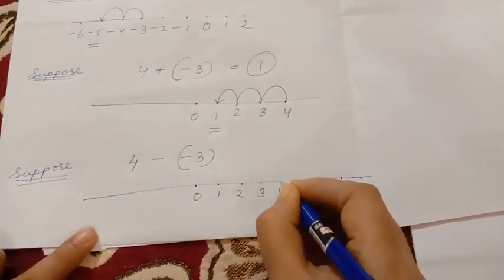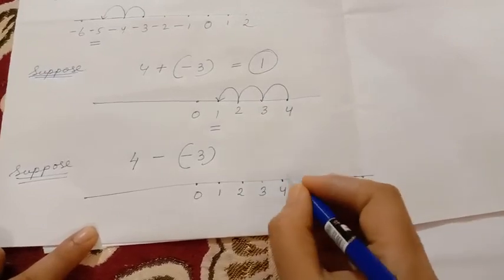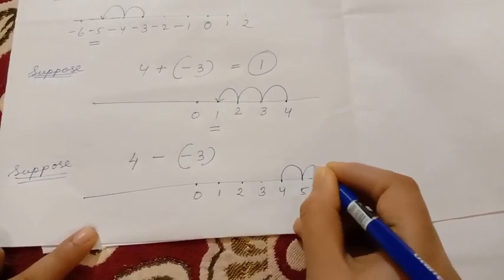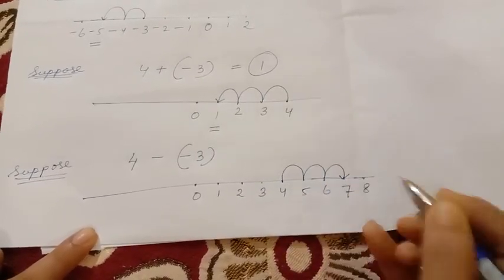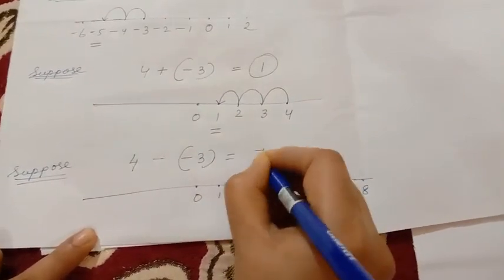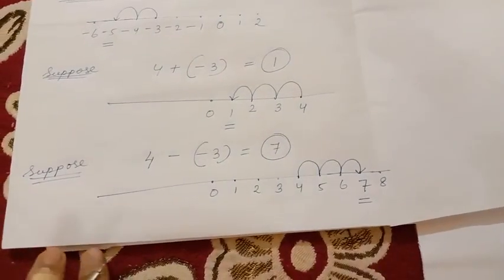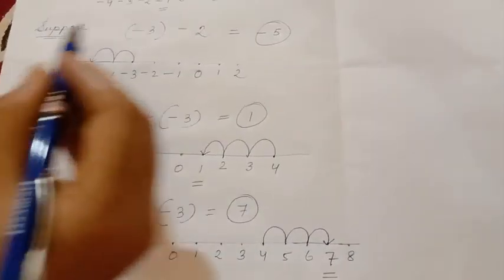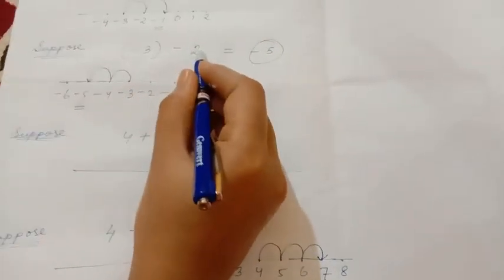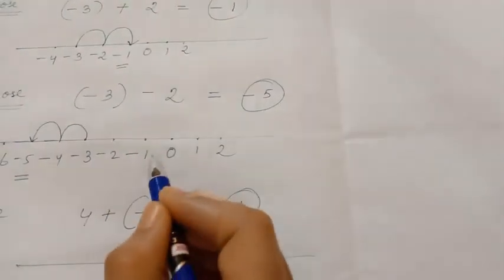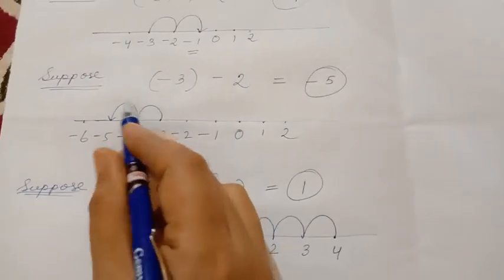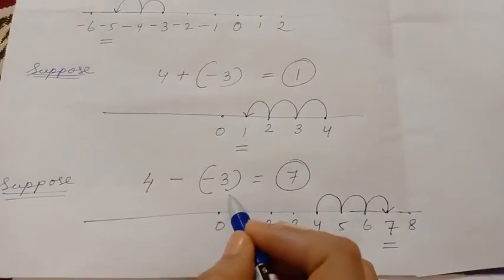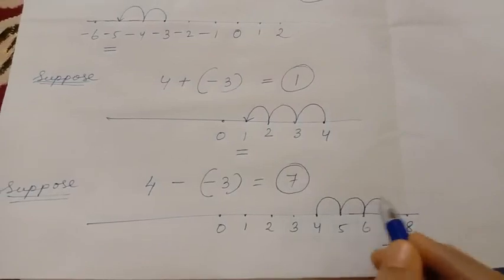So we have to start from 4, but we have to move now to the right on number line 3 units. So we are getting plus 7. So I think you have understood by that, to subtract a positive integer, you have to move left, and to subtract a negative integer, you have to move to the right.